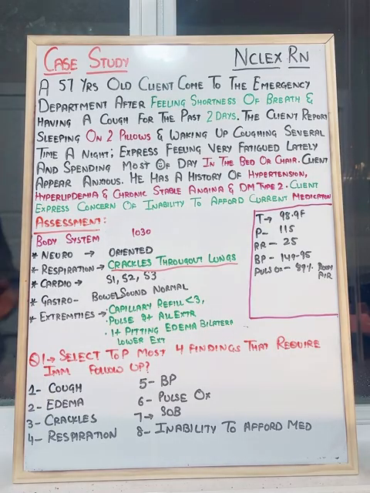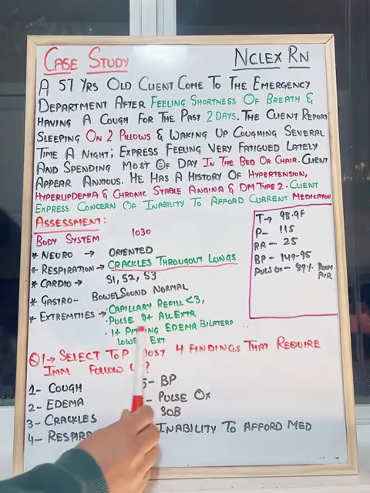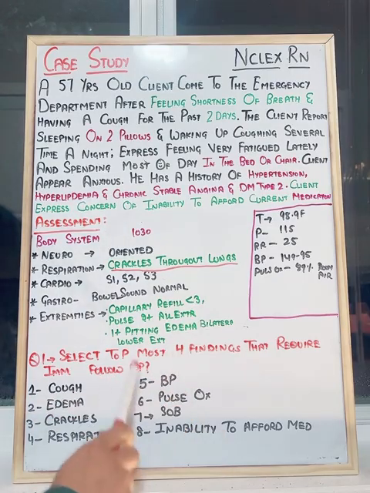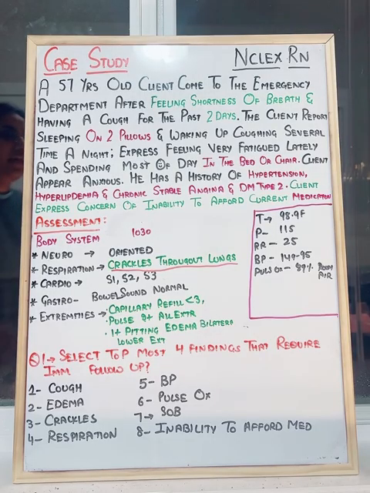Then extremities: capillary refill time is less than 3, pulse 2 plus in all extremities, +1 pitting edema bilateral. And then the temperature is 98.9 Fahrenheit, pulse 115, respiration 25, BP 149/95, and pulse oximetry is 89%.